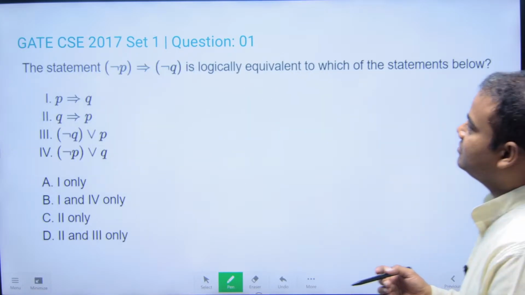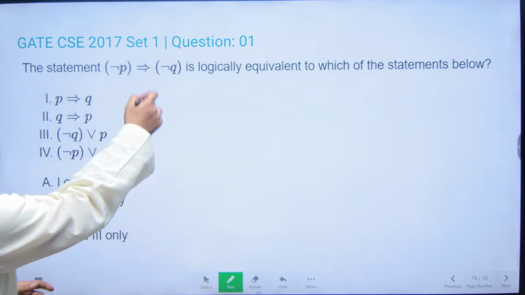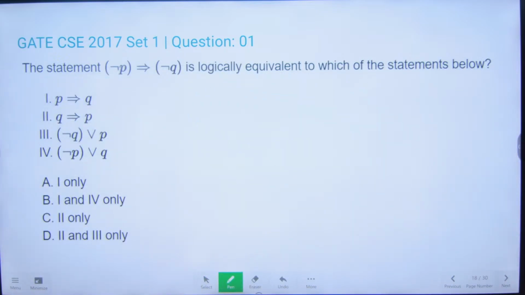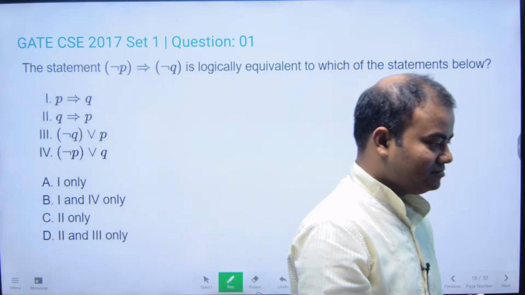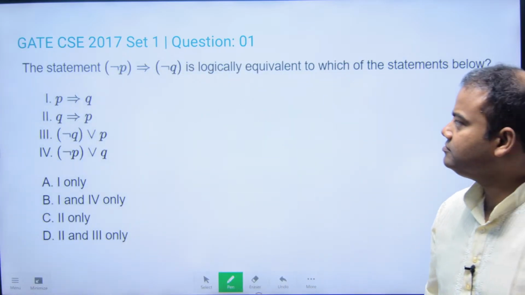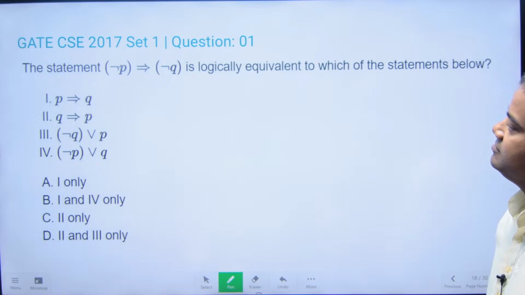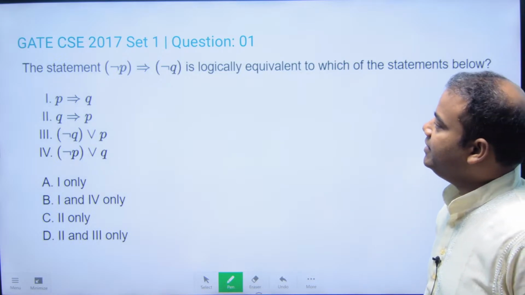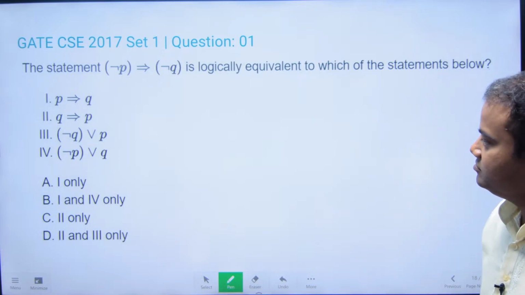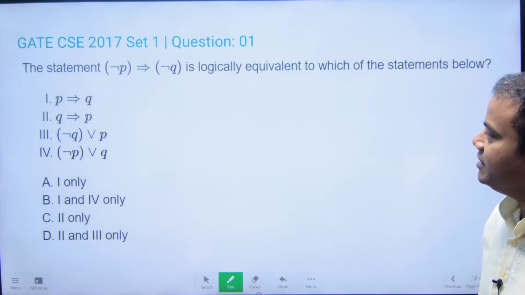Now this is an easy question. You apply this contrapositive thing, then you can easily understand what it is. If not P then not Q. So what is the contrapositive of this?